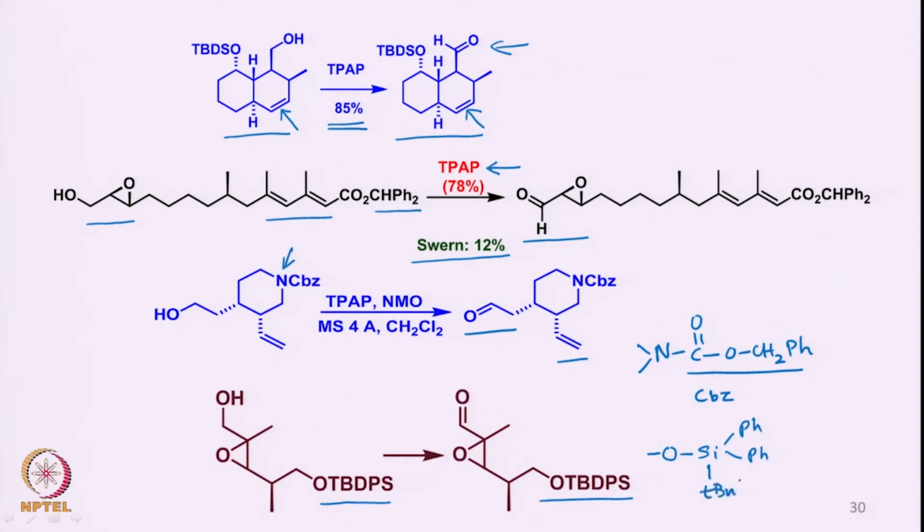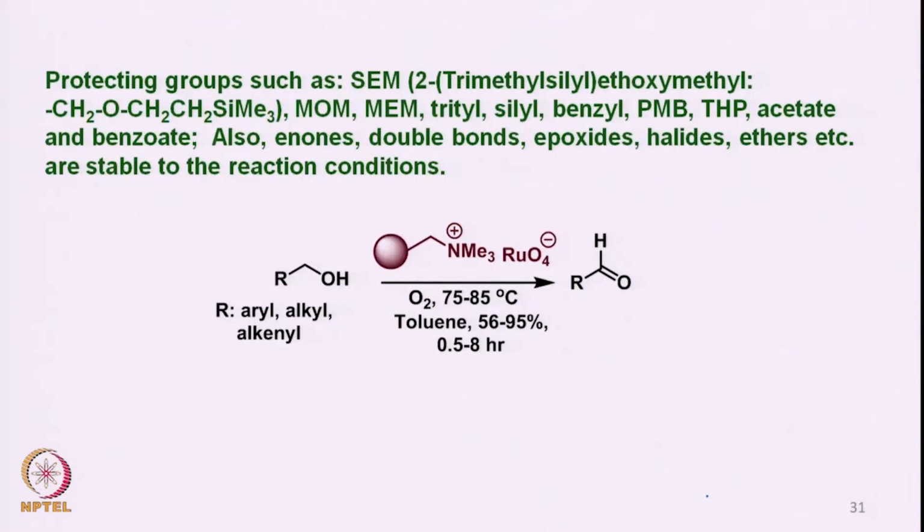So, this is OTBDPS, tertiary butyl diphenyl silyl. So, these different protecting groups are unaffected, and the reagent allows oxidation in a selective and mild fashion, and therefore it has become a very popular oxidizing agent.